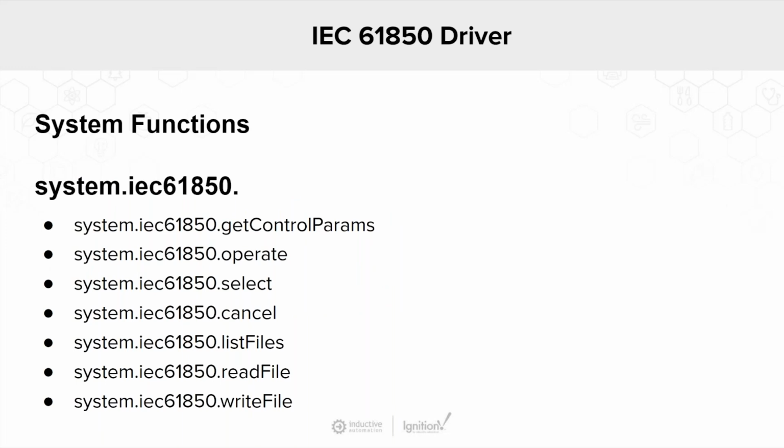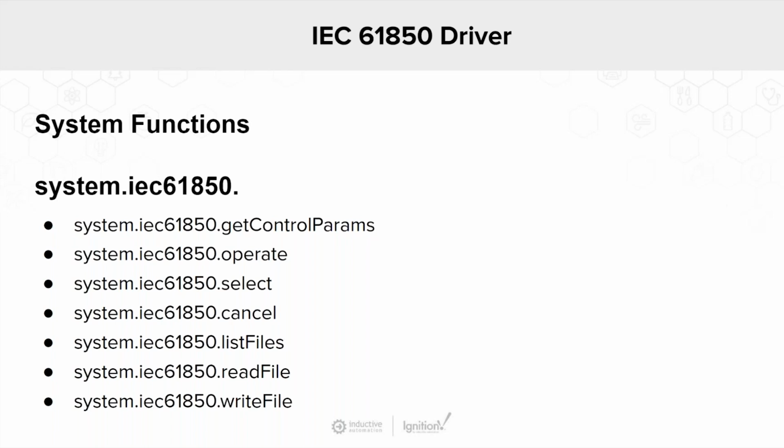So the IEC-61850 driver comes with multiple built-in system functions that we'll demonstrate a little bit later in this demo, but I'll get into a little bit of explanation on what each one of these does within Ignition. The get control params system function is very handy in defining the parameters utilized in some of the other functions.